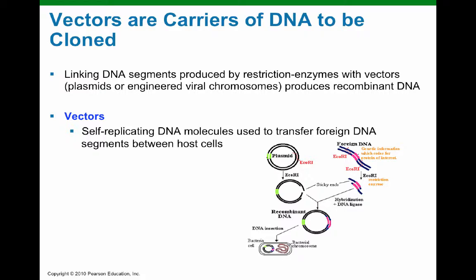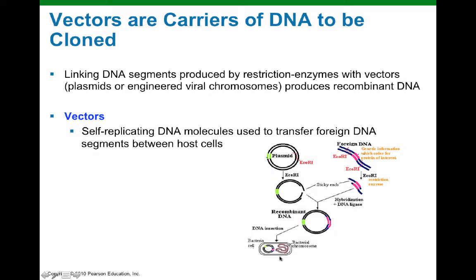But we also can manipulate bacteria to pick up these pieces of DNA in the case of biotechnological applications. So we could actually take a plasmid and work with it in a test tube to actually cut in or clone in a specific gene and then reintroduce this plasmid back into the bacterial cell.